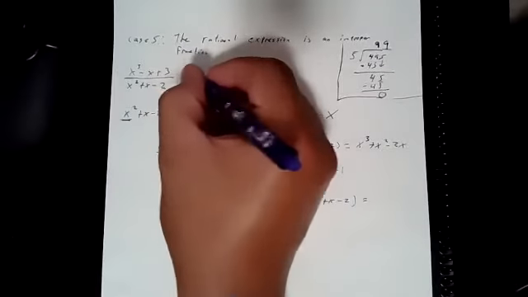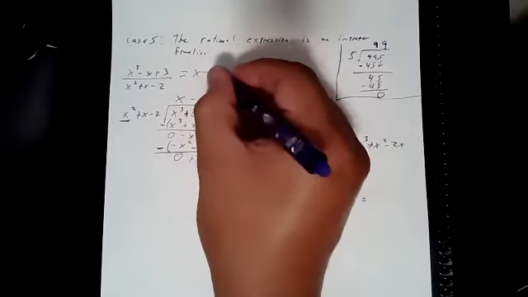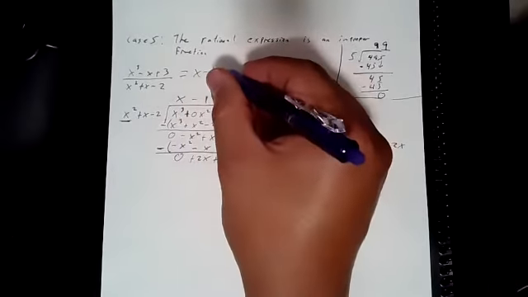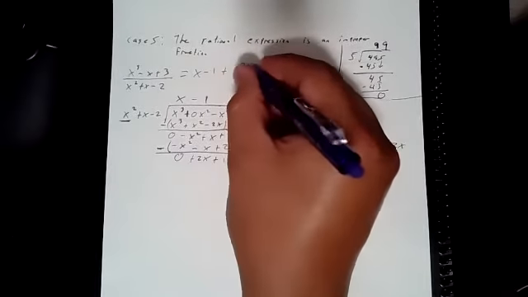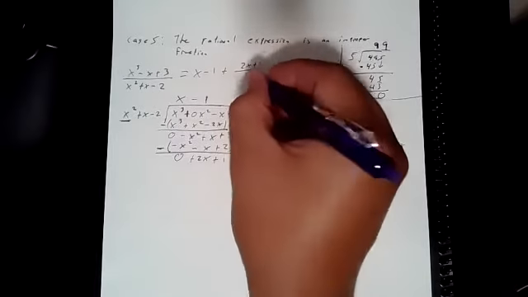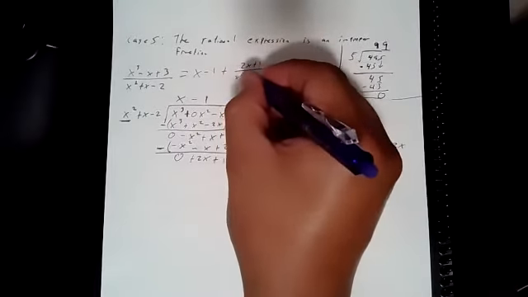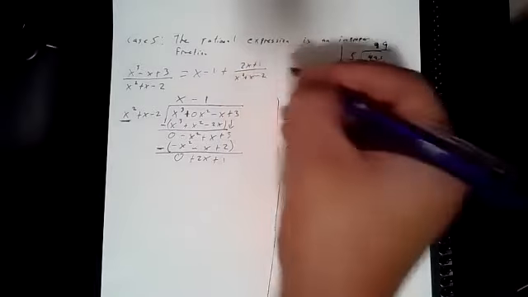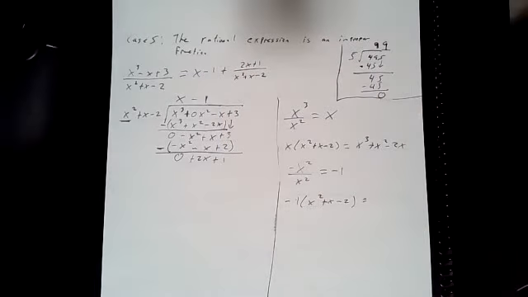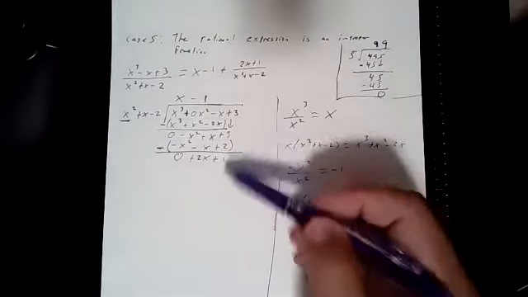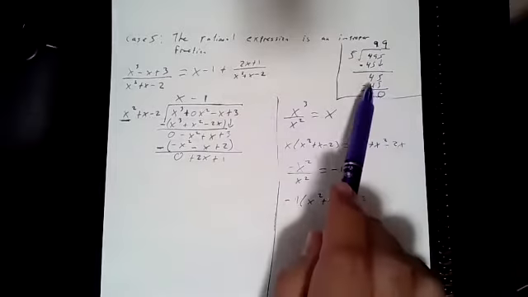So this becomes x minus 1 plus the remainder over the divisor. Right, that's where decimals come from, right? That's how you do the division. Do you have any questions on this pattern? It's the same as this.